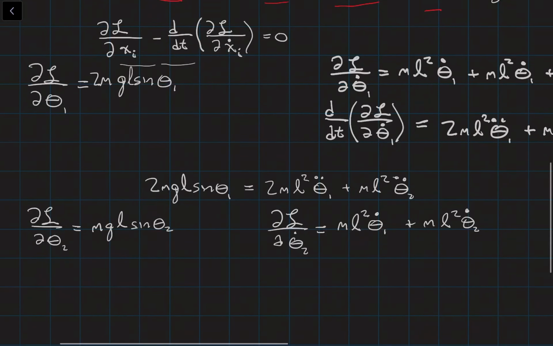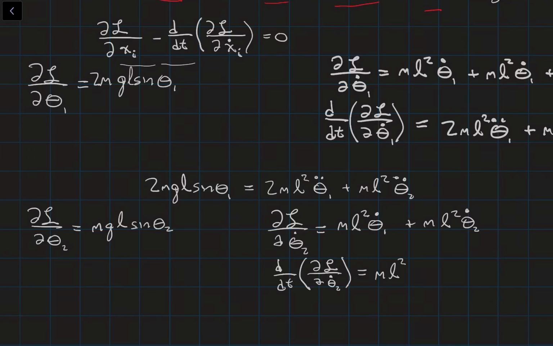And now we need to take the time derivative of this. It's pretty simple. Single dots just become double dots because there's no other time dependence in here.